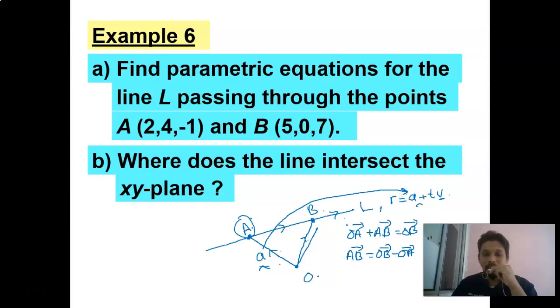Now what about v? We can use the vector AB and substitute it to complete the equation of the straight line.